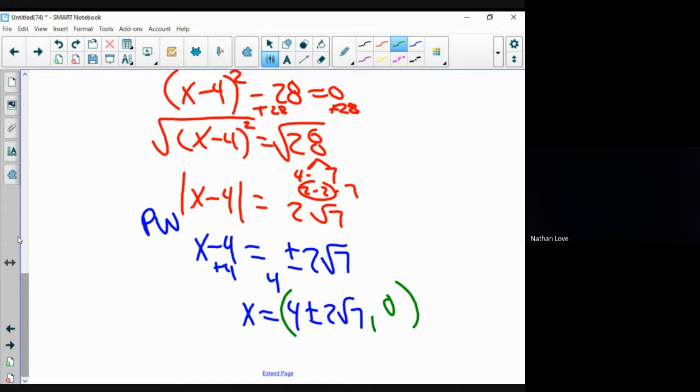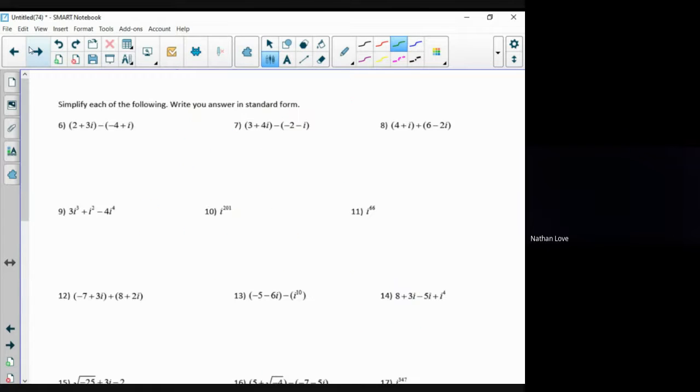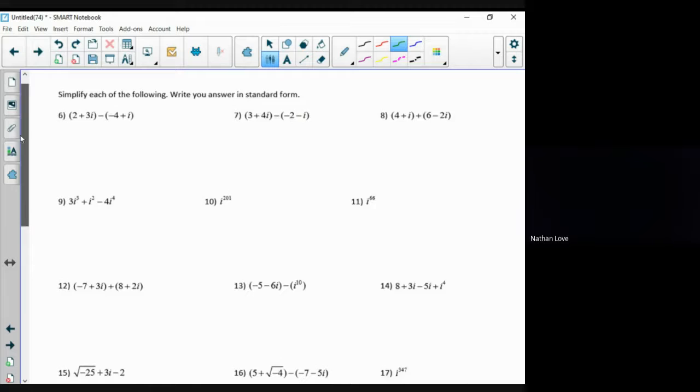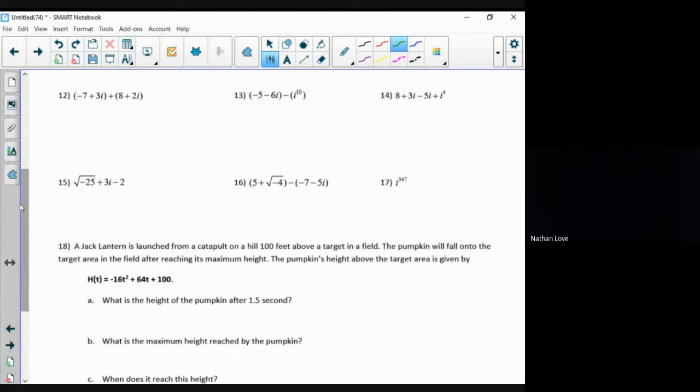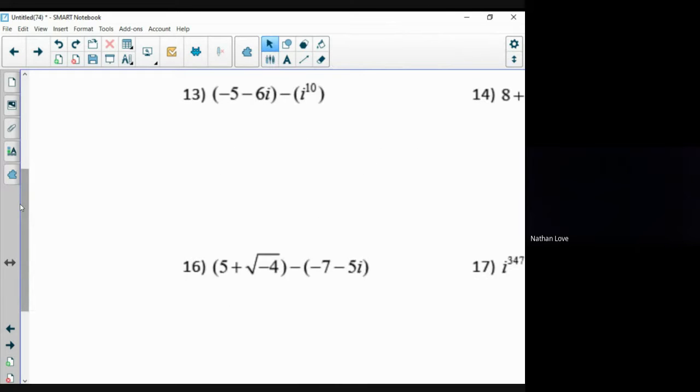Any other questions over homework? Number 13. Again, this is that one where you have to use i, with negatives in the middle. I see an i to the 10th there.